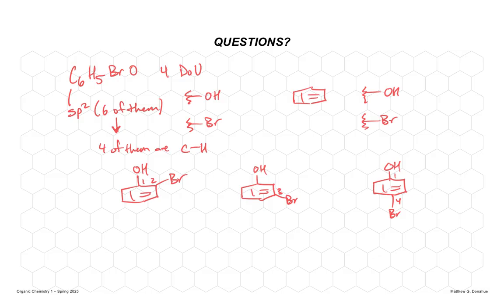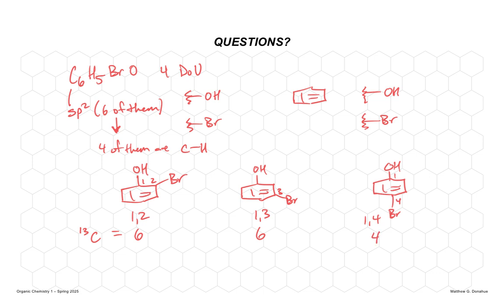So the first thing we'll do is a uniqueness of carbon for each. How many unique carbons does the 1,2 isomer have? 6. Every carbon is unique. What about the 1,3? 6. What about the 1,4? 4.